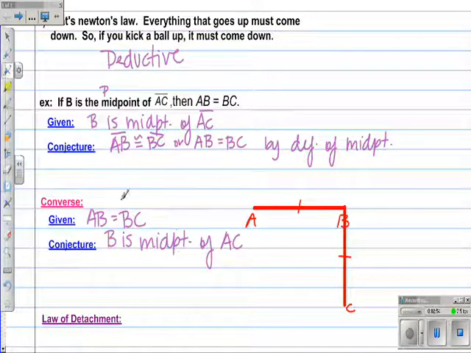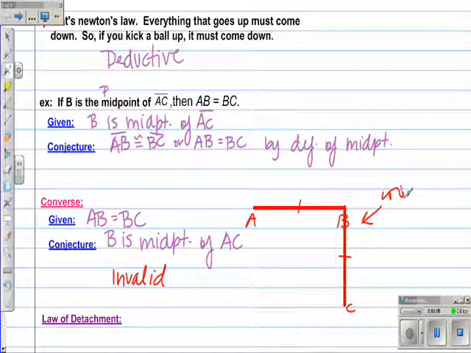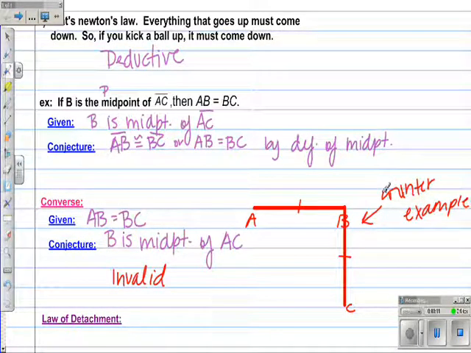So the converse in this case would be invalid or not true, because this right here would be a counterexample. Okay, so that's your counterexample.